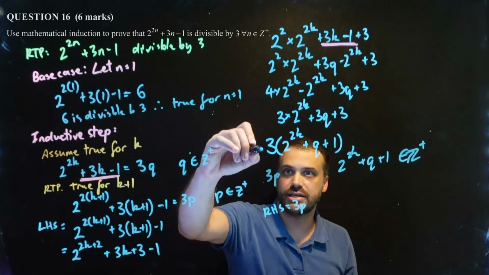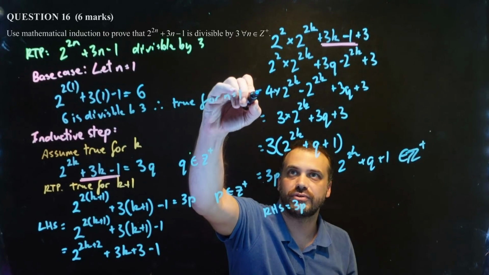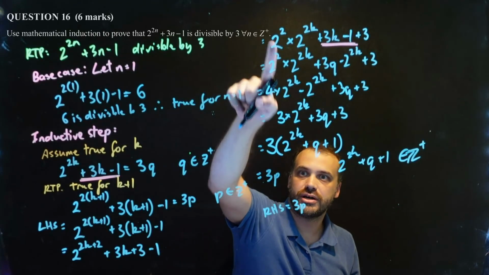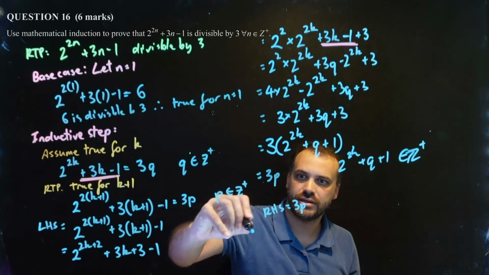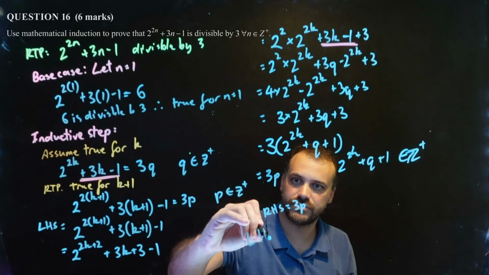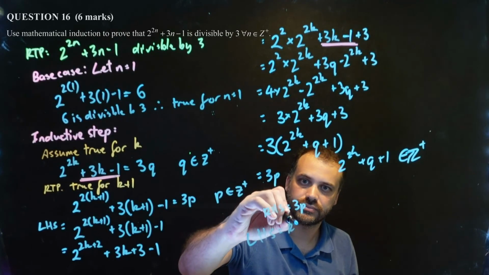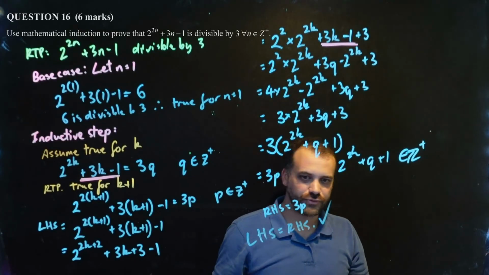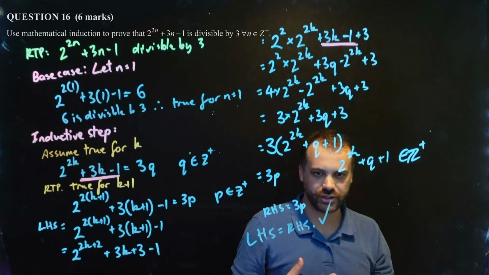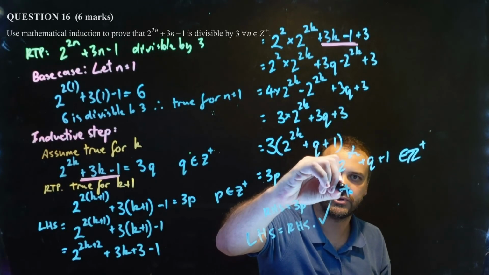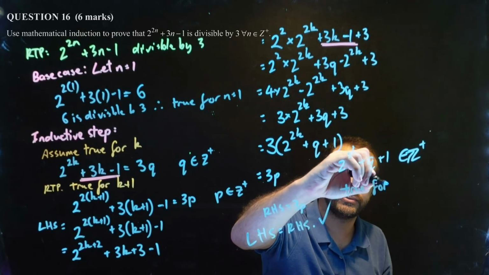Now the fact that that's equal to p, equal signs everywhere. The left-hand side, we've finally found it to be 3p. We can say that the left-hand side is equal to the right-hand side. So it's been proven. And we can come up with some kind of proof by induction statement if we like. True for n equals 1.